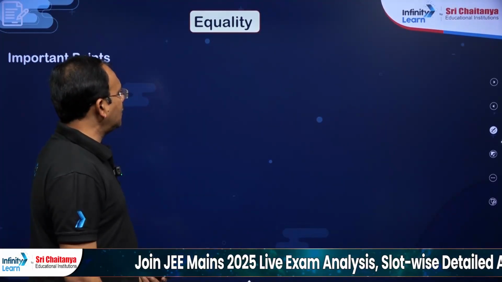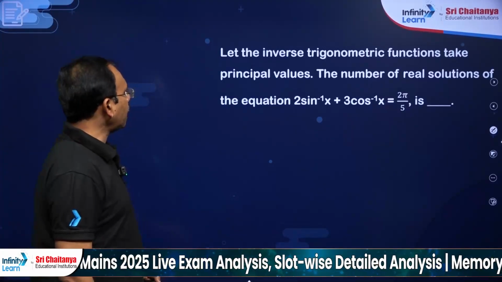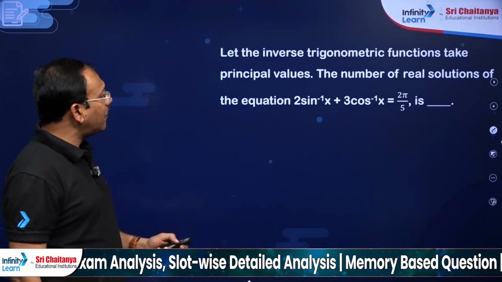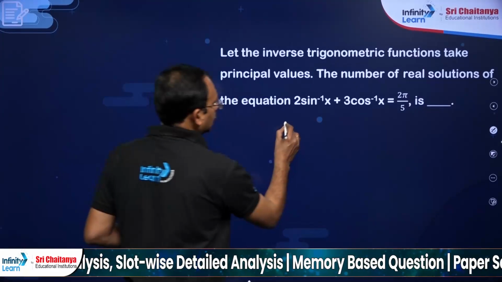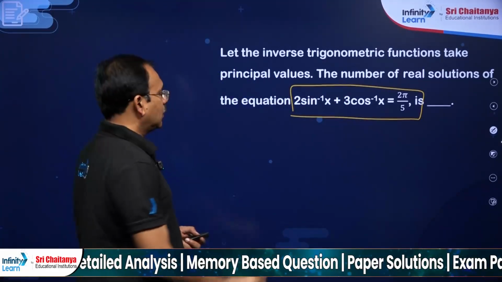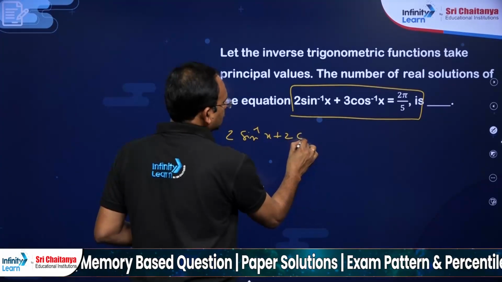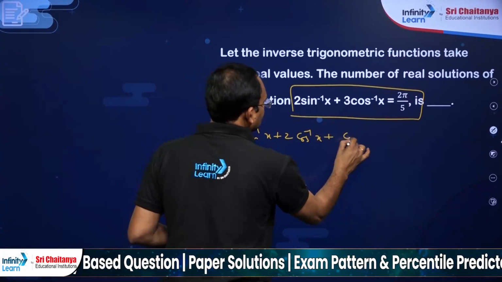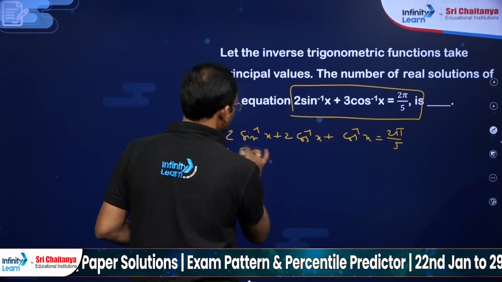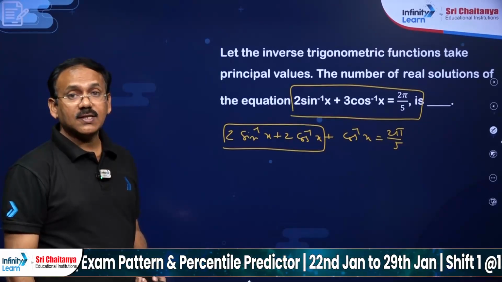Then equality means equation, solving-equation related questions. Let the inverse trigonometric functions take the principal values, the number of real solutions of the equation 2 sin inverse x plus 3 cos inverse x is 2 pi by 5. So my dear friends, let me write this as 2 sin inverse x plus 2 cos inverse x plus cos inverse x equals 2 pi by 5. You know, for any possible x, sin inverse x plus cos inverse x is pi by 2.